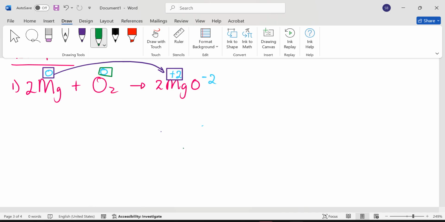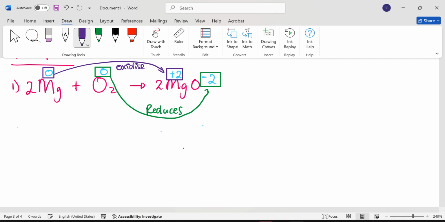Because it went from 0 all the way to a negative 2. Remember, negative 2 is less than 0. So when you go from 0 to negative 2, you decreased. So how do you know about something that decreases in oxidation number? It reduces. Decrease in oxidation number, reduce. Increase in oxidation number? Yes, oxidize.